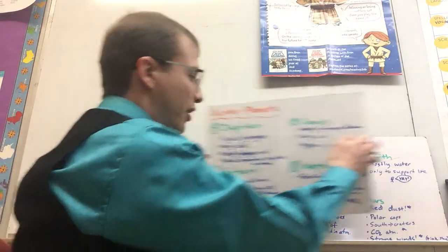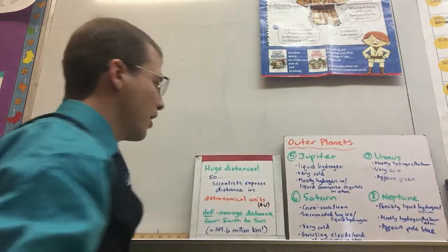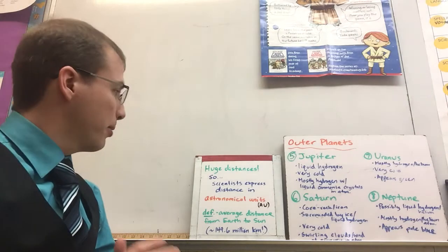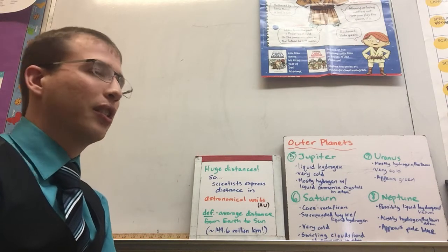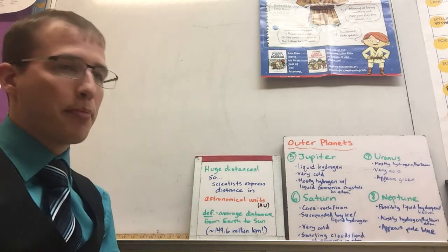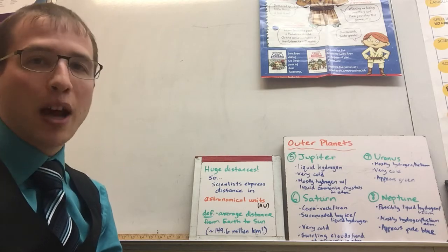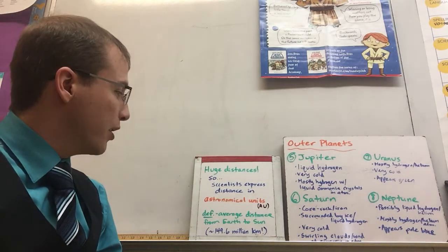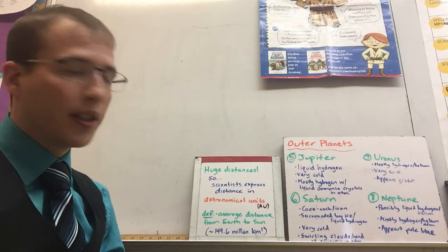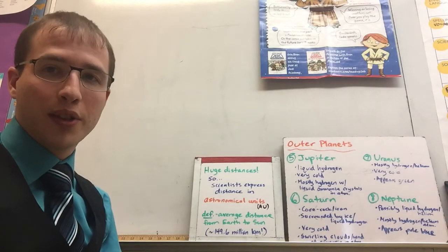Now, scientists, there are huge distances between these planets, so we can't just measure using meters or kilometers or miles. So scientists express these distances in astronomical units, or AU for short. And an astronomical unit, its definition is the average distance from Earth to the Sun.